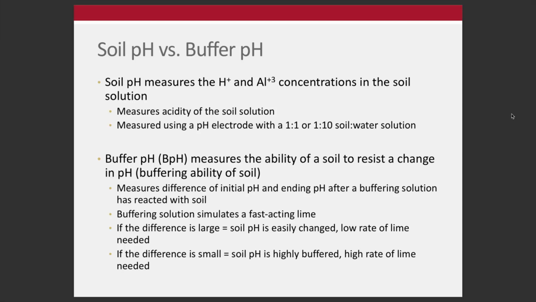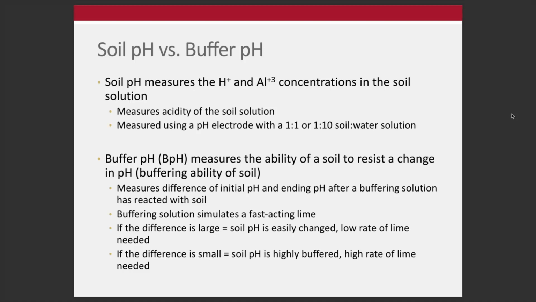It's a measurement of the solution concentration of acid, of the hydrogen and aluminum concentrations in that soil. It's typically done, most commonly in Ohio or the north central region, the Midwest, with 1 part soil to 1 part water. You slurry that solution and put in a pH electrode, which measures pH, and then you have the actual soil pH.